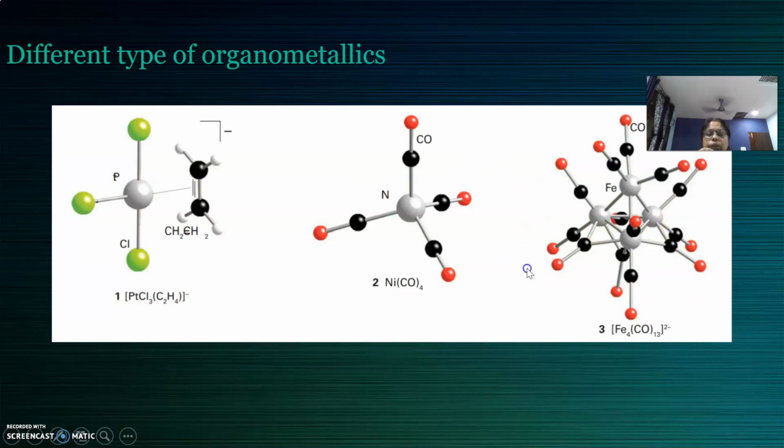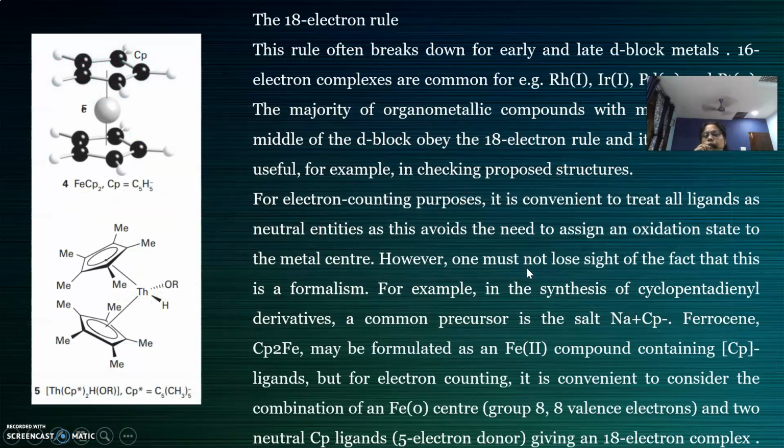So whatever the structure, there must be some total number of electrons in it. When we deal with organic compounds or simple covalent compounds, while studying their stability, we studied the octet rule.